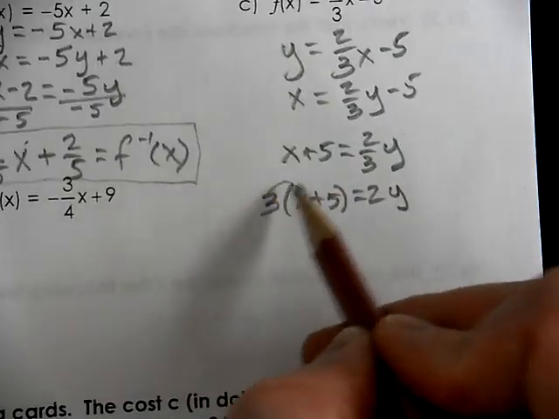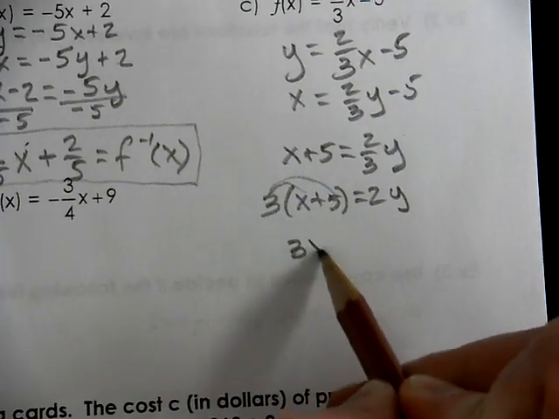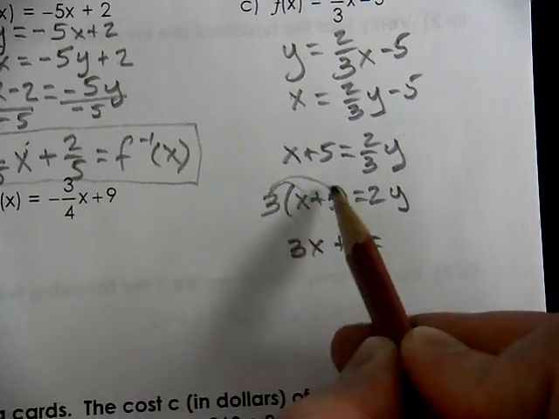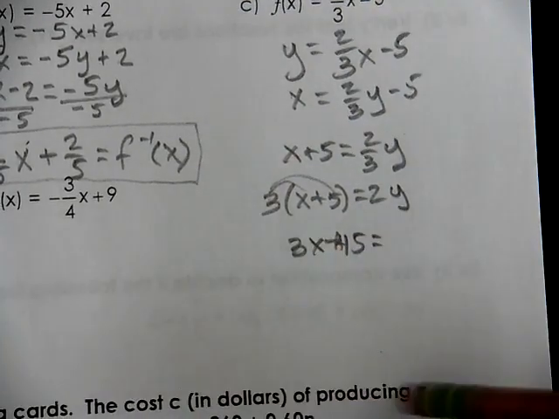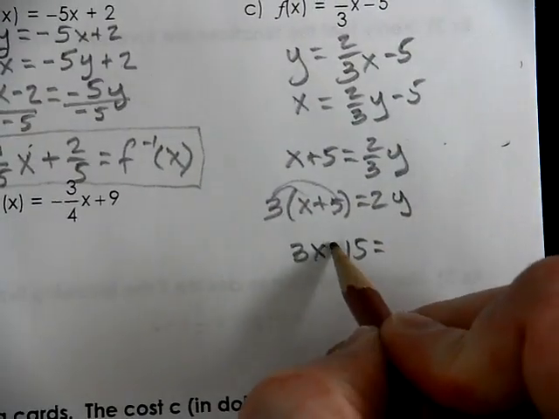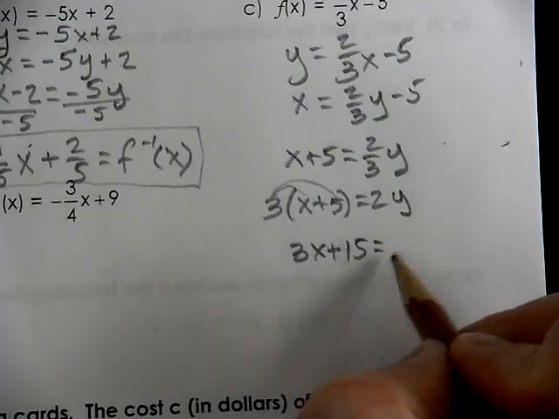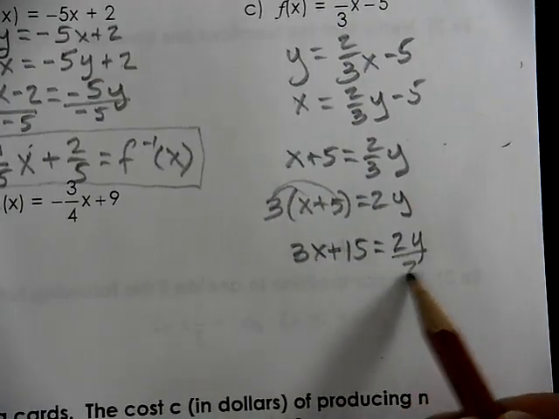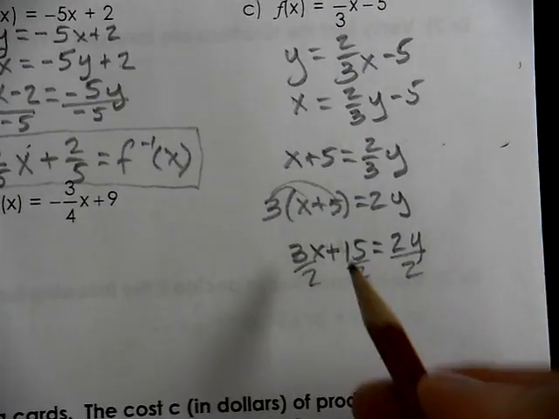Then you would want to distribute. Three times 5 is 15. Let's be sure that looks like a plus. Then we're going to divide by the 2. We can divide everything by the 2.